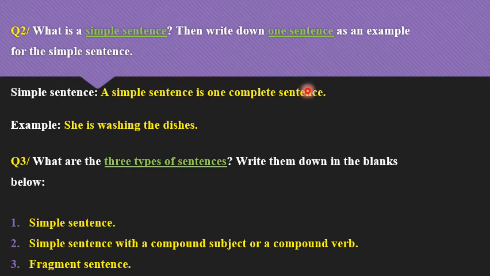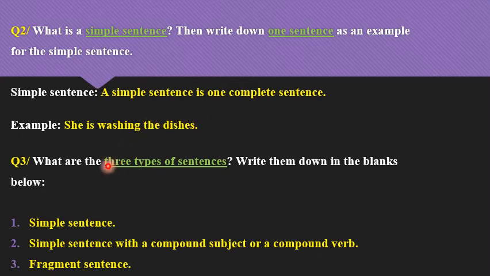And I already gave it to you during the explanation of lesson 1 of grammar, of course. Give me an example for the simple sentence. She is washing the dishes. This is a very good example for the simple sentence. You can create your own. You can give me your own sentence, okay? But make sure it's correct.